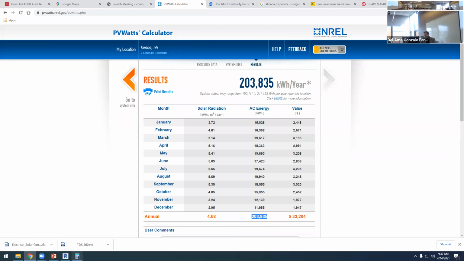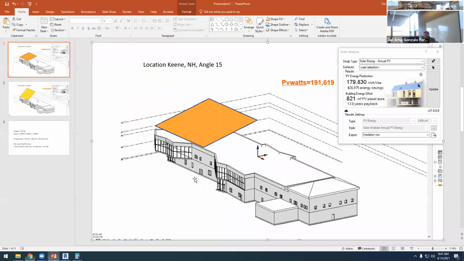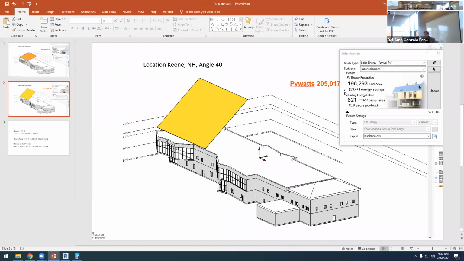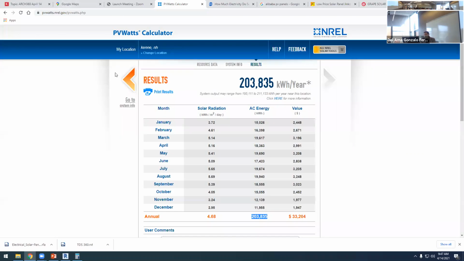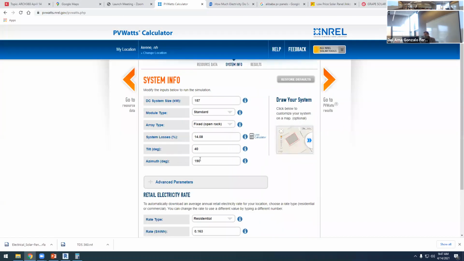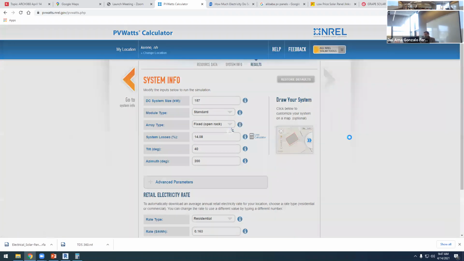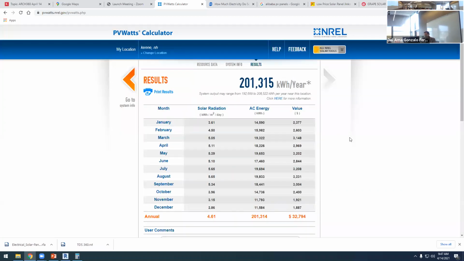It's 203, and in Revit we have 196. Yeah, probably it's not that angle, so let's make it 200. Yeah, now it's 201.